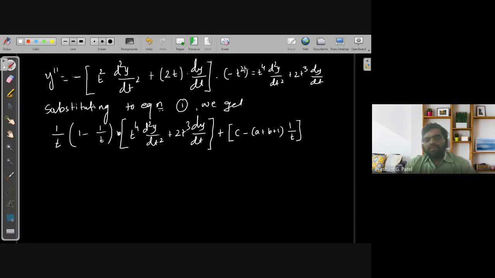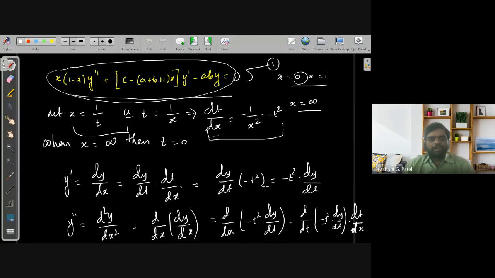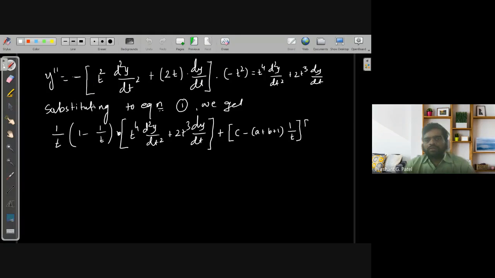Then y dash we calculated is minus t square into dy by dt, plus the value of y, that is minus aby, equal to 0.